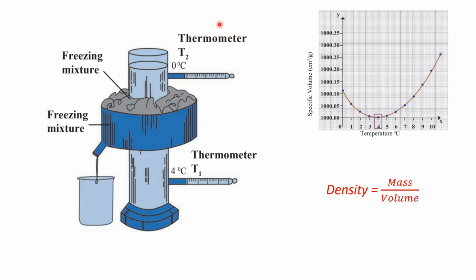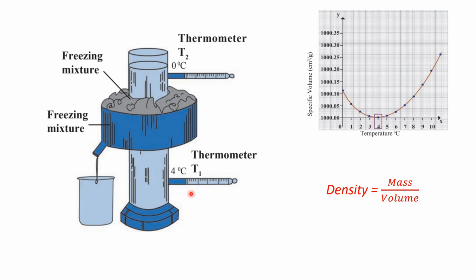The thermometers attached here to measure the temperature show that the water above the freezing mixture becomes 0 degree first, and at that instant the water below the freezing mixture remains at 4 degrees Celsius only. Obviously, after some time, the whole water in this cylinder will become 0 degrees Celsius.